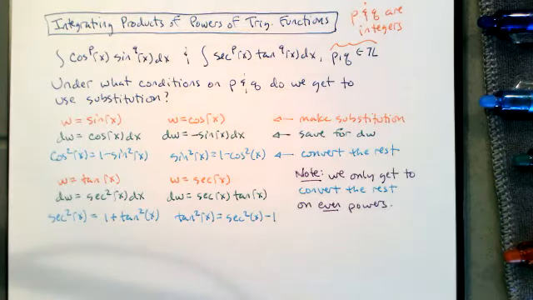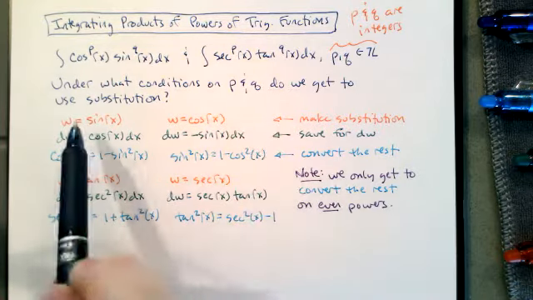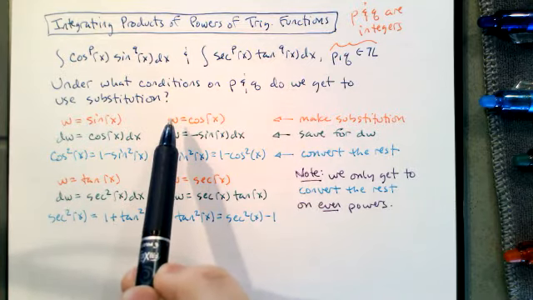So convert the rest requires pairs. So if I have a cosine to the fourth, I've got to save one, and I'm going to make a substitution sine. If I save one factor of cosine to be the dW, I'm left with three factors of cosine that I can't convert. I only get to convert on even powers. So the idea is, what conditions on P and Q do we get to use substitution?